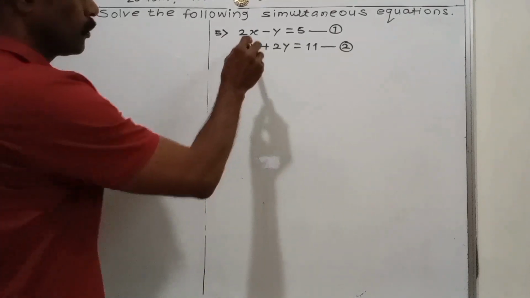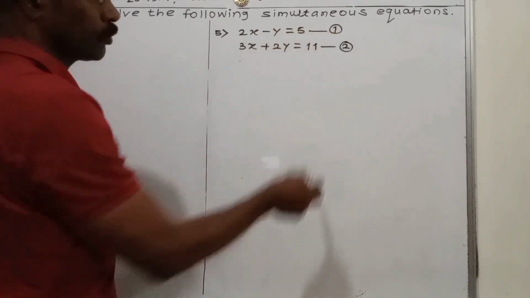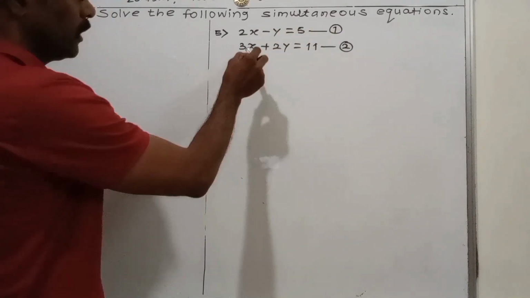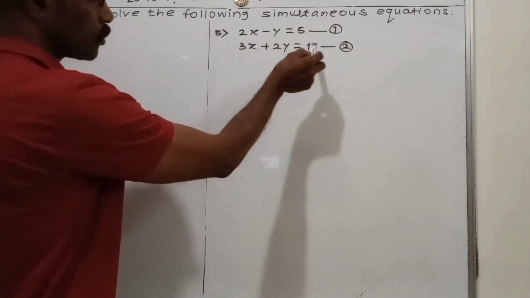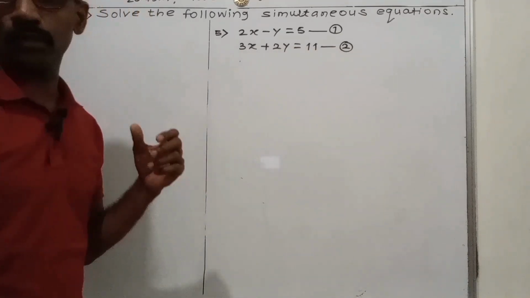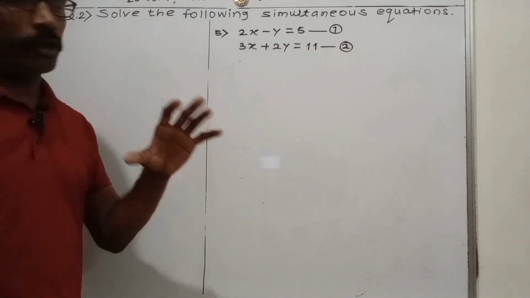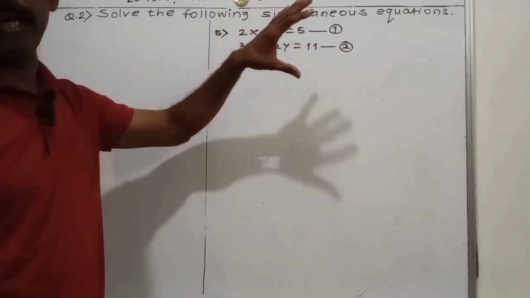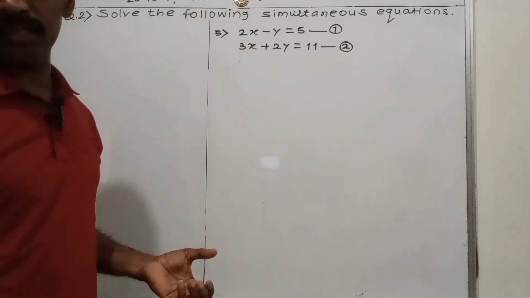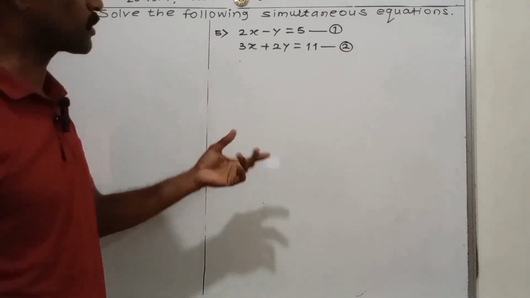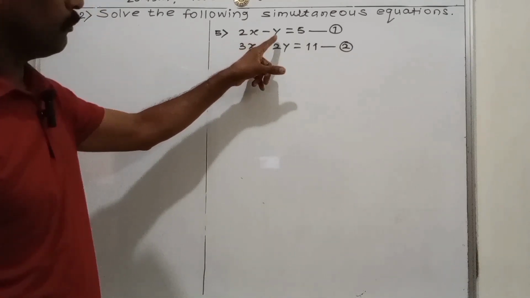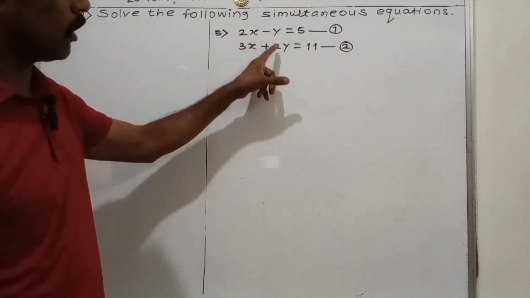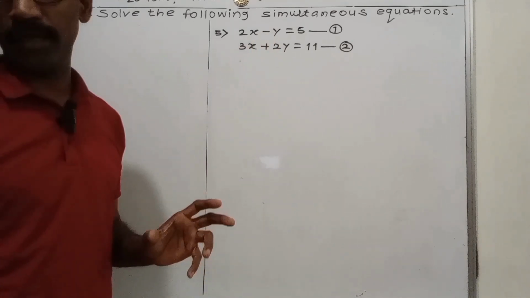Example number 5. 2x minus y is equal to 5, equation number 1. And 3x plus 2y is equal to 11, equation number 2. When we solve this example by equating the coefficients, then we equate the coefficients of variable y.